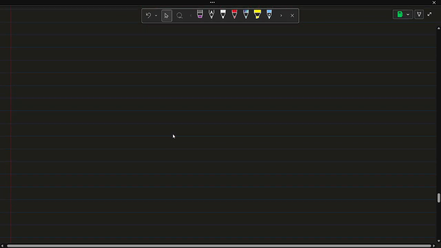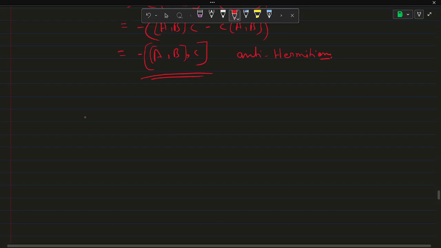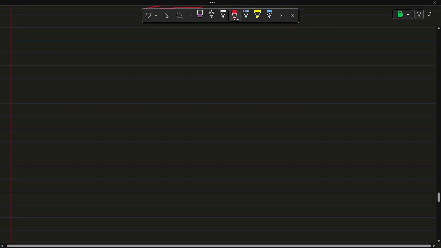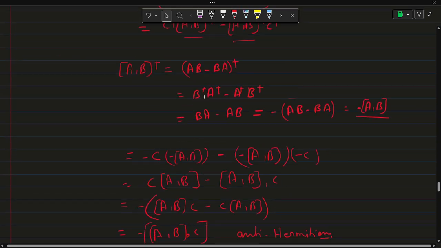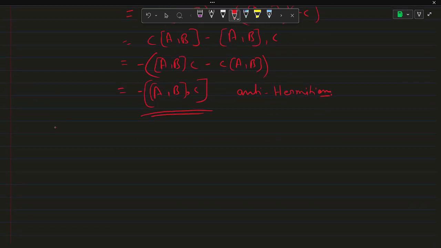Now let's go to the second term. So what is the second term? The second term is ACB. Taking the dagger of this will give ACB minus BAC.